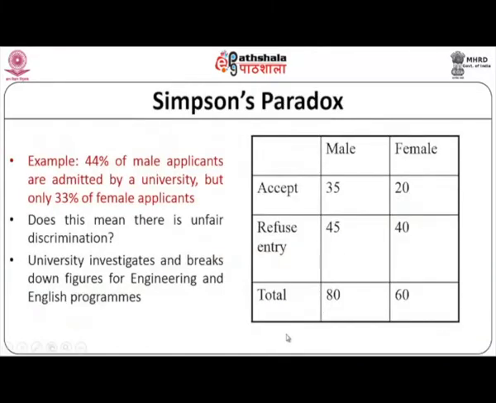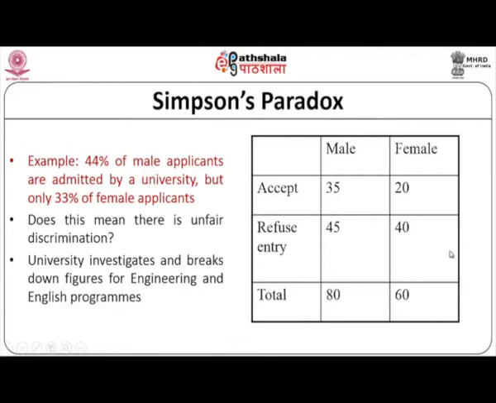Now, this may be understood with the help of Simpson's paradox. Consider a university which is admitting male and female candidates into the courses which are run by that university. A sample statistic about the male and female candidates who have applied, who have got accepted, that is they have been admitted, and the percentage of male and female candidates who were rejected for admission into certain courses is summarized in this table.